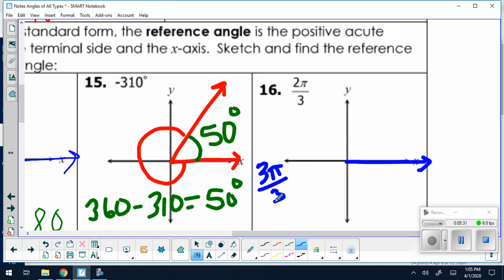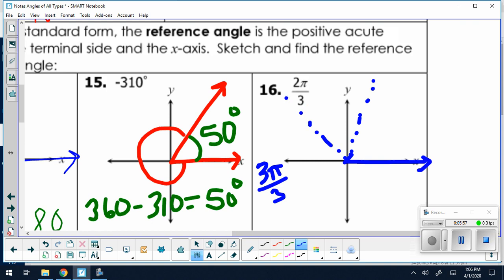So 2 pi over 3, it's like I'm splitting this into 3. 1 pi over 3, 2 pi over 3, right? I'm a little off there. Thirds would be closer to right there and right there.